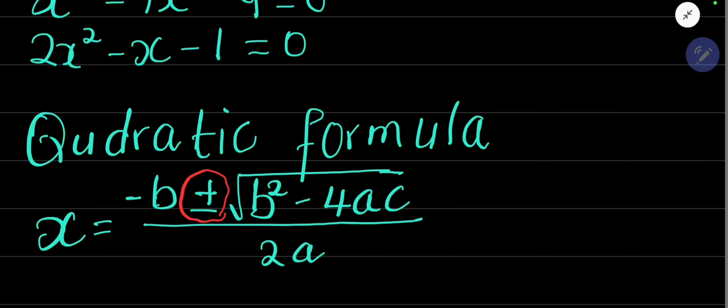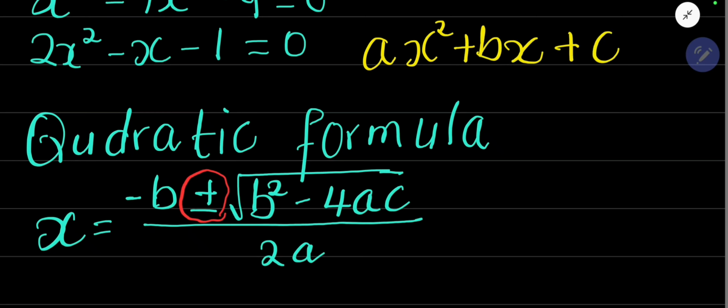Remember, quadratic expressions are represented by the general form ax squared plus bx plus c. This is the general form of all quadratic expressions.